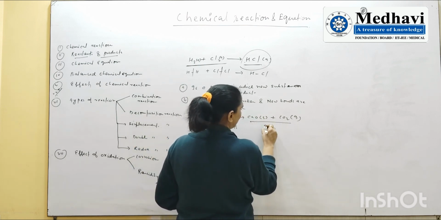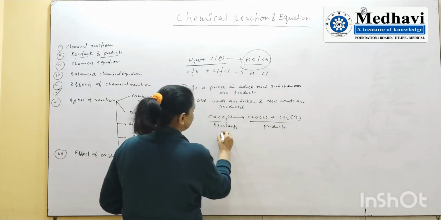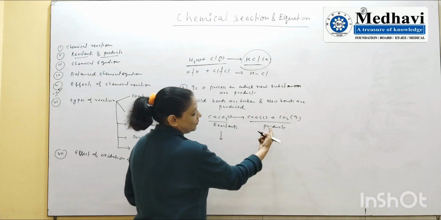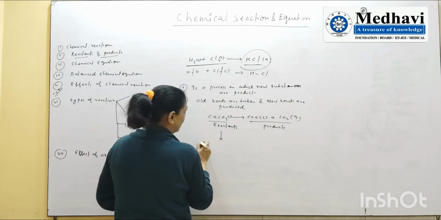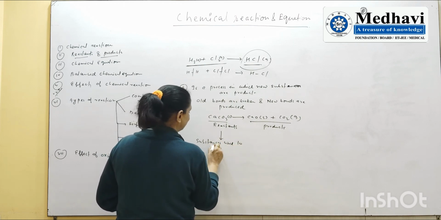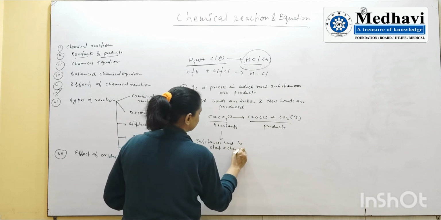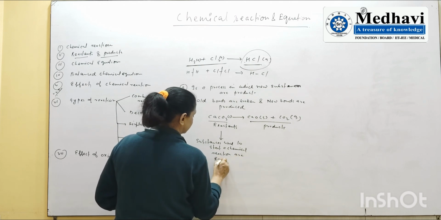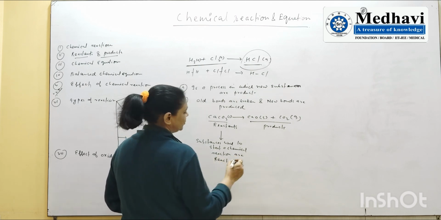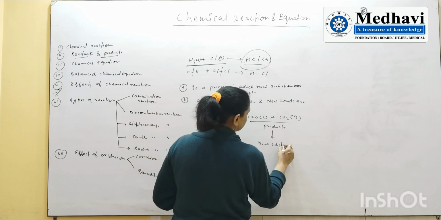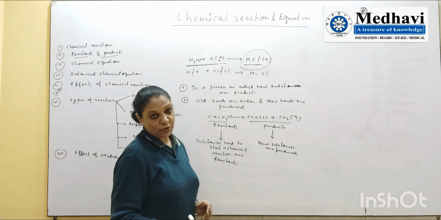So here these are reactants and these are products. So you can say that substances used to start a chemical reaction are called reactants, whereas after chemical reaction new substances are produced that are called products.